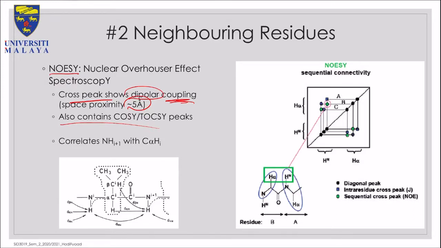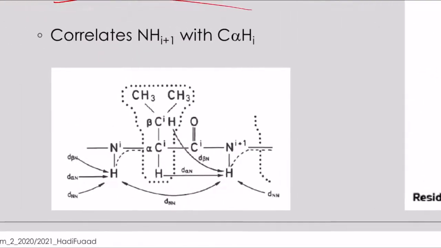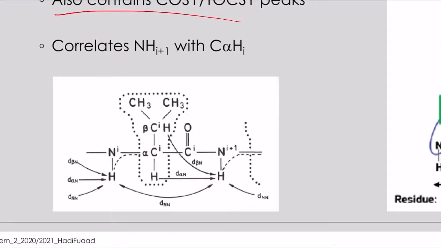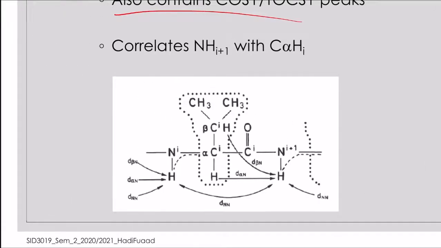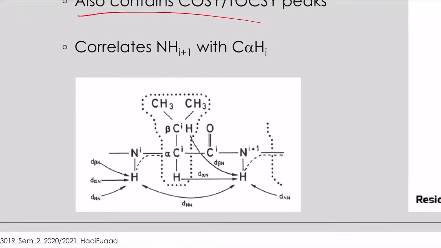Why? Because TOCSY is through scalar coupling, so everything that is connected, you will see it. But with NOESY, you only see something which is close in proximity. For example, say you have this amide proton over here, so Ni.